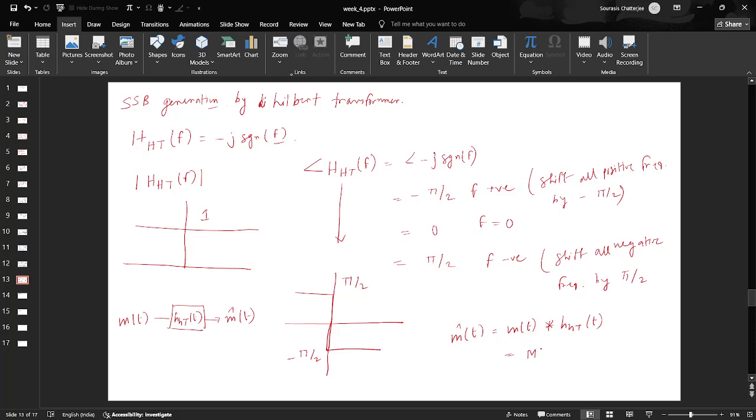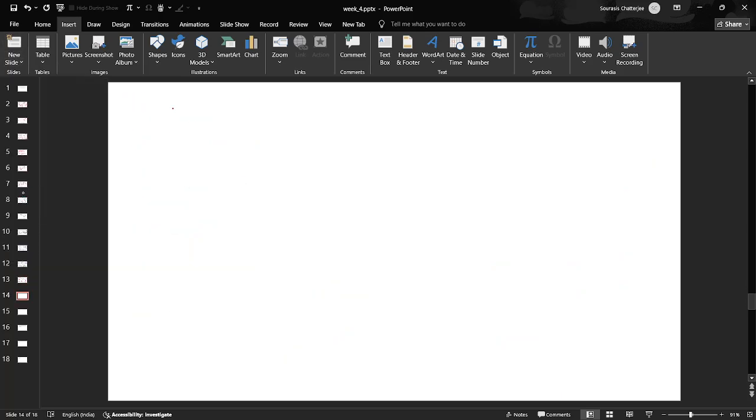So we have M(f) H_HT(f), that is minus j M(f) sgn f. And I would introduce another term here, called the analytical signal. You will see that later in detail in the next session. It is given, let's say if I call it A(t), by m(t), the original message signal, plus j times the Hilbert transformed version of that.